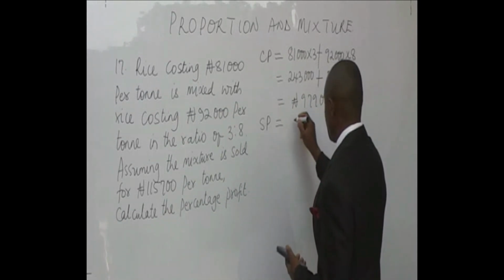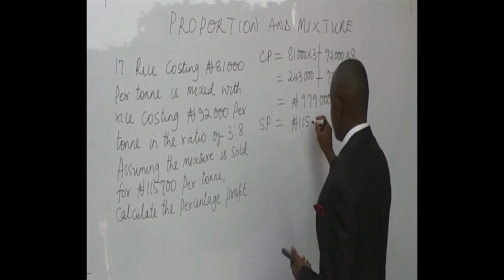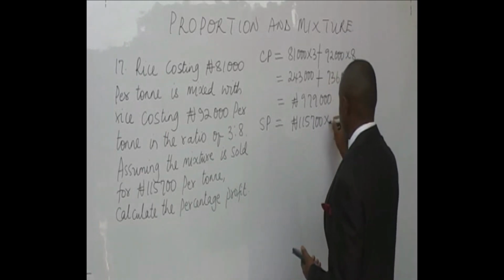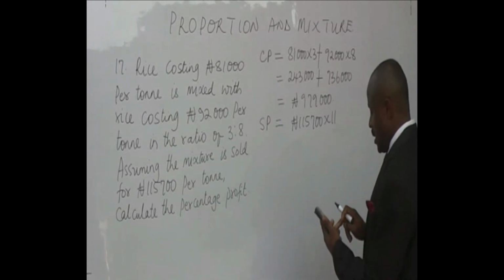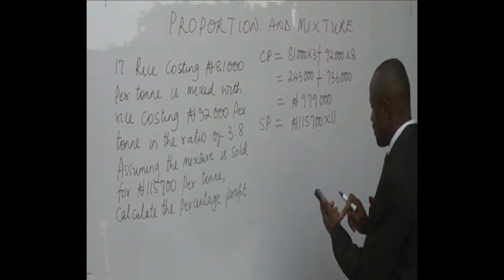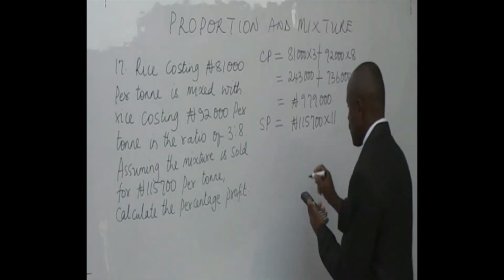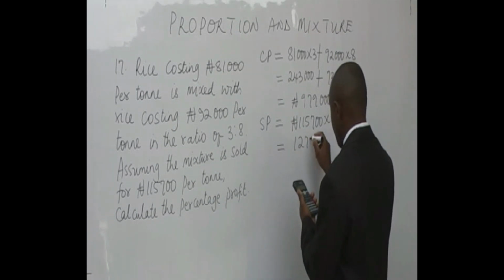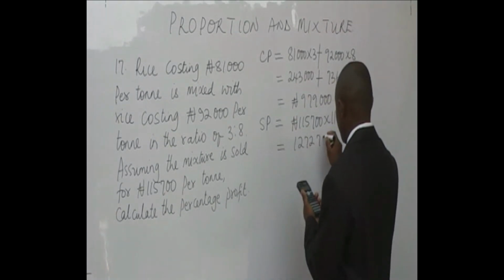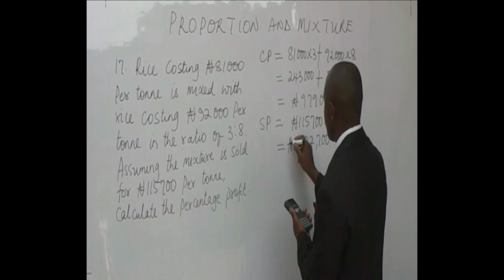So our selling price is going to be 115,700 times 11. 11 is the sum of the ratio. Let's see what it will give us. 115,700 times 11 is giving us 1,272,700 naira. That's our selling price.